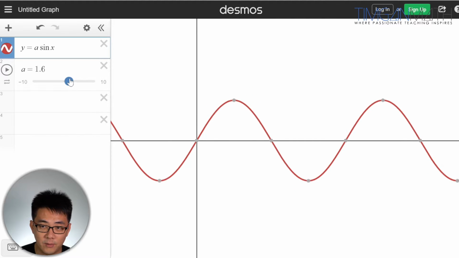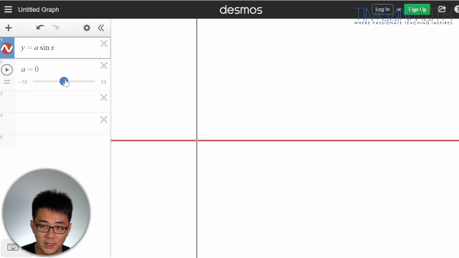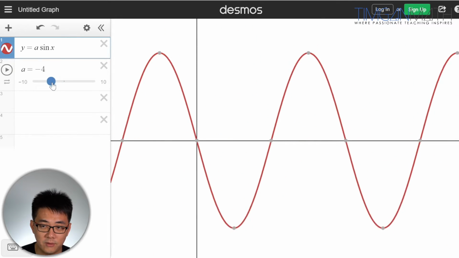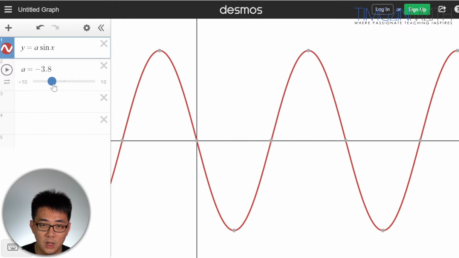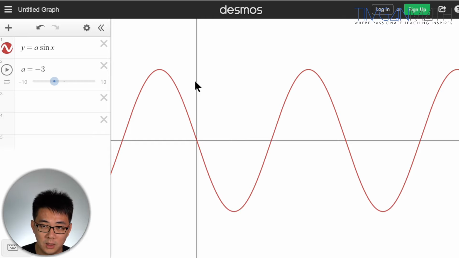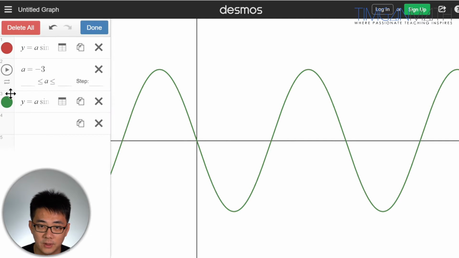Now what happens if I make it smaller? It will just flatline until a is 0, which is just a straight line here. After which it just increases again. Now you realize that it's actually a flipping of what happens here if I put this as negative 3. Let me just illustrate this.